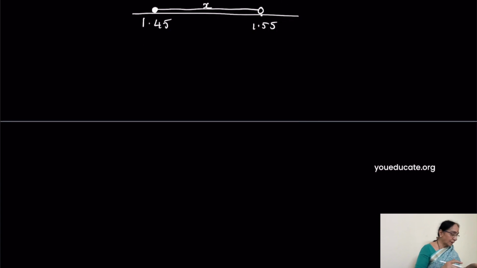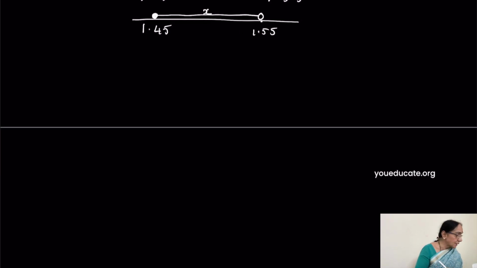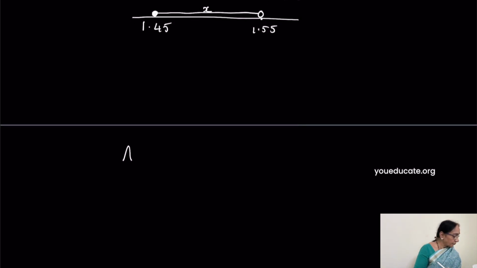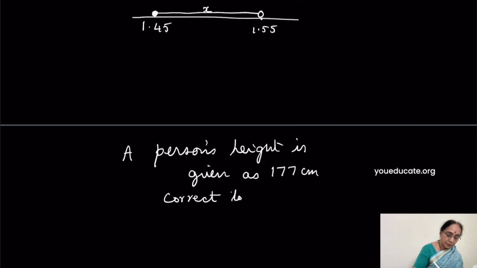Now let us take one more example where we are going to find the upper bound and lower bound for these cases. Say a person's height is given as 177 centimeters correct to the nearest whole number.